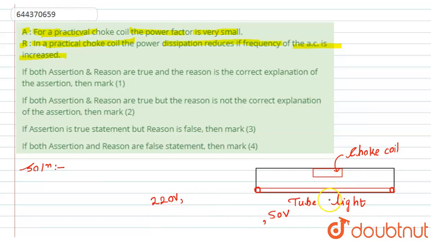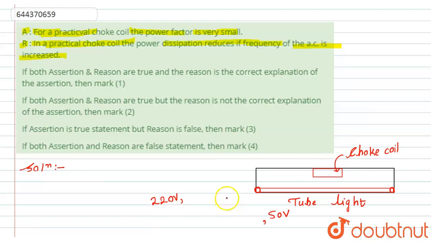To reduce this EMF from 220 volt to 50 volt, the choke coil is connected in series with the tube light. Now you will say we can connect a resistor too. Yes, we can connect a resistor in series, but in that case the power dissipation will be more, because for an inductive circuit the voltage consumption is more, but the power consumption is negligible, approximately equal to 0.